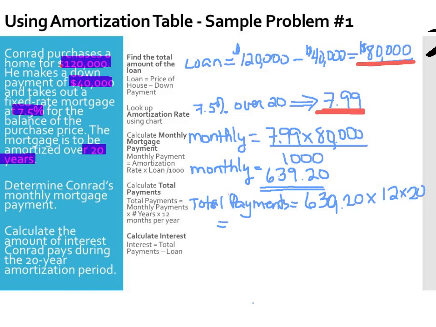So the total payments, when you calculate that out, works out to $153,408.